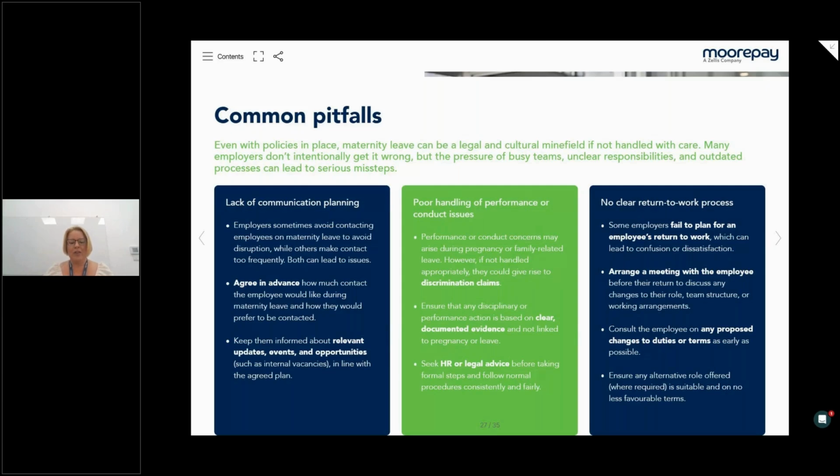So again, another pitfall is poor handling of performance or conduct issues. So maybe somebody's performance is connected to the pregnancy, and maybe you don't link that up, and maybe we discipline somebody and then they link that up. That can be a real problem.